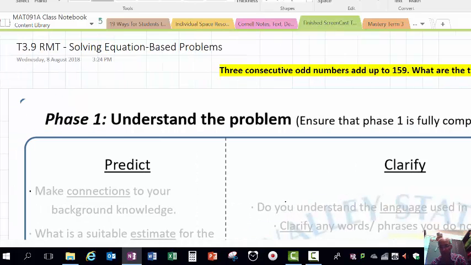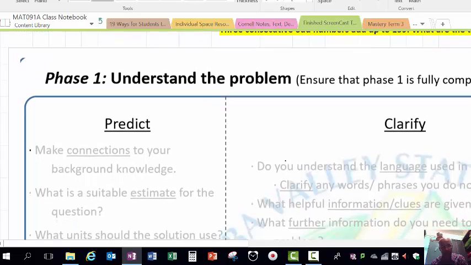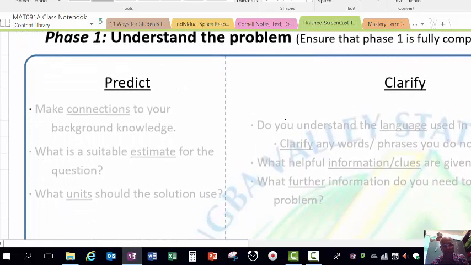Right, so in the predict, you can see in grey there, we make connections to any of our background knowledge. What is a suitable estimate for the question? What units should we use? Well, the last one first, there's not going to be any units because we're just after numbers.